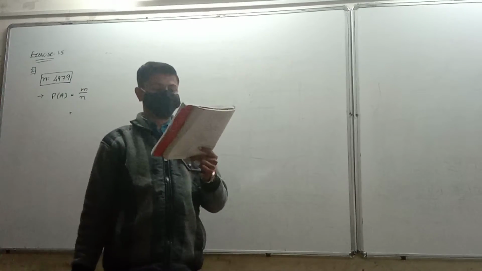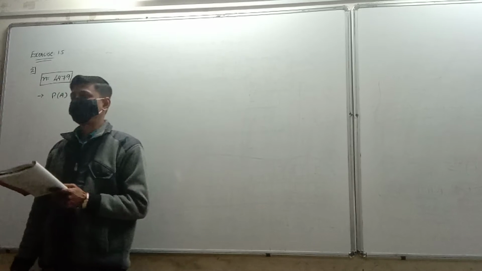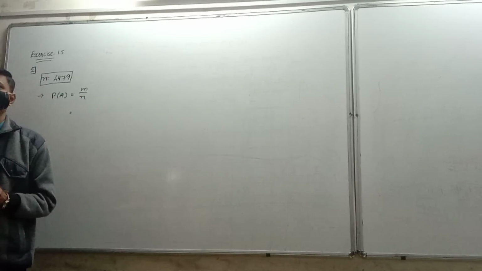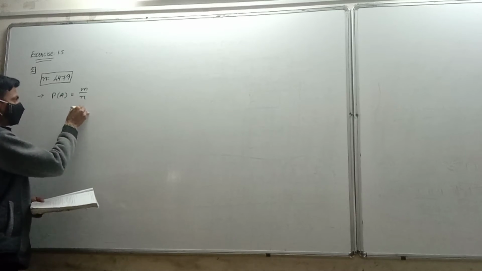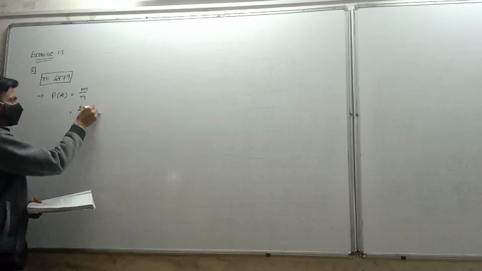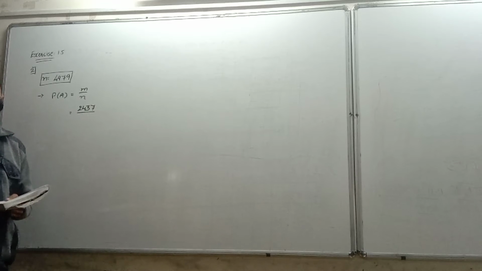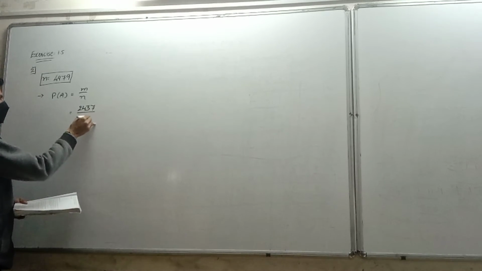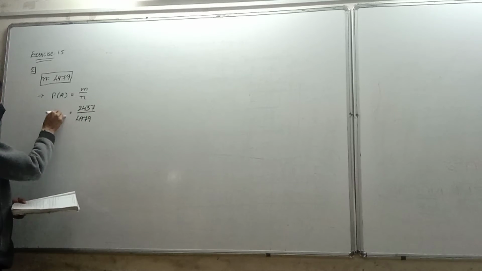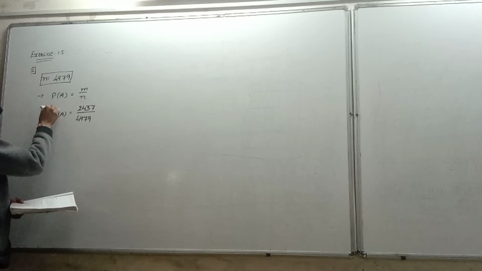So total number of supporters of party A, total 2437, check it. So 2437 upon 4979 for the P of A.